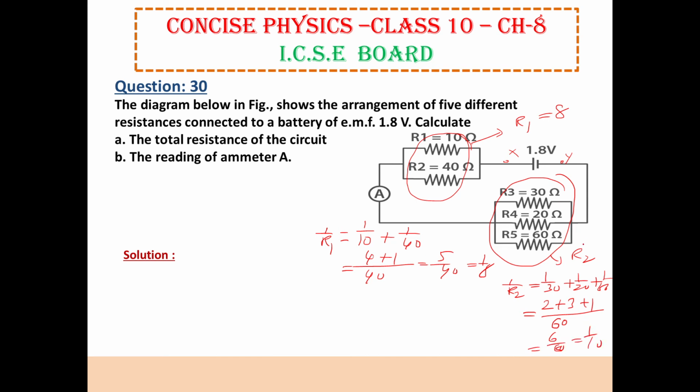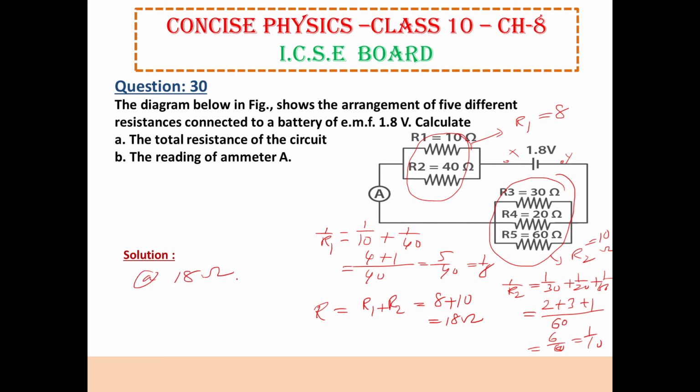So this R2 is coming 10 ohm. Hope up to this it is clear. Now R1 and R2 are connected in series, so the total resistance of the circuit would be R1 plus R2, that is 8 plus 10, so 18 ohm. For question 1, A, the answer is 18 ohm.